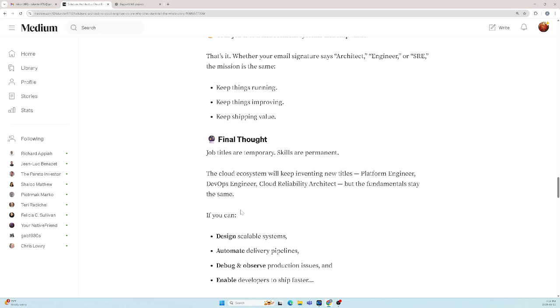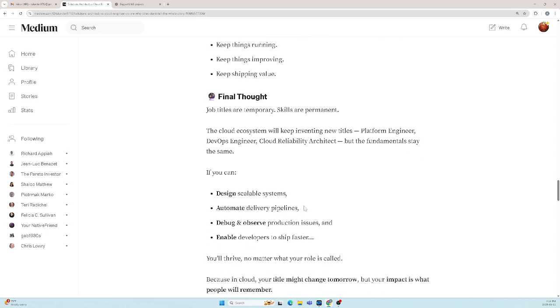The cloud ecosystem will keep inventing new titles: platform engineer, DevOps engineer, cloud reliability architect. So many titles, but fundamentally still the same.